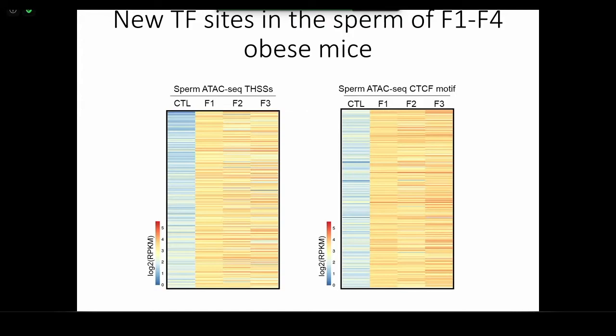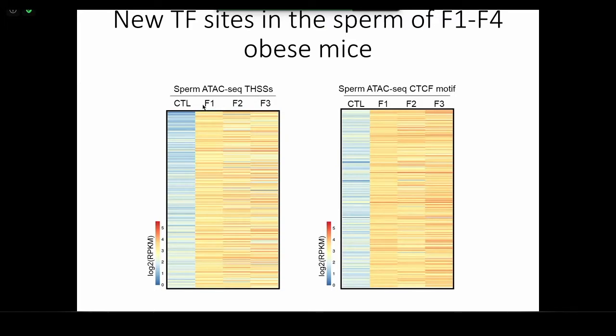And so these are regions of the genome that are protected from Tn5 insertion by the presence of a transcription factor. So all these sites in control are gaining in BPA in the F1.